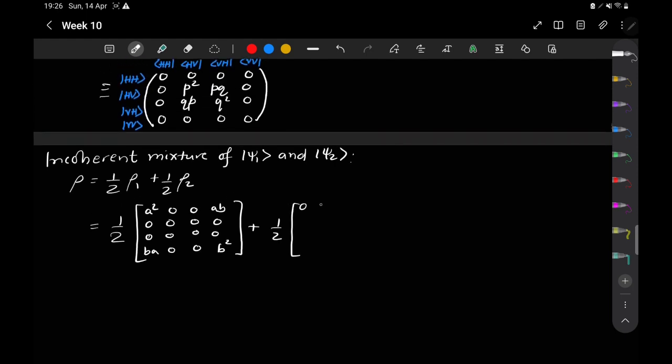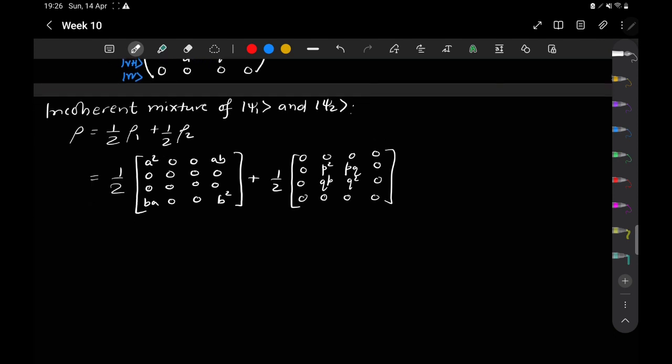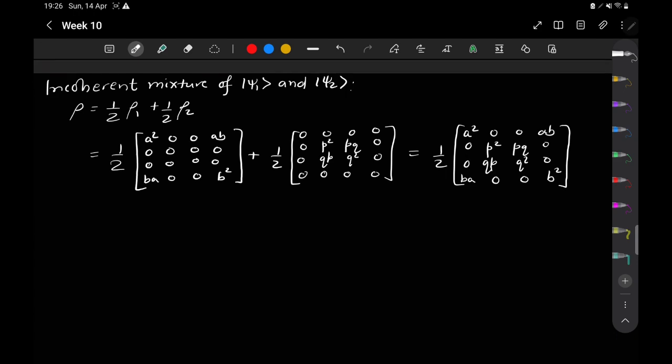Rho 2 we just now found. So this is, half is taken common. So this is the density matrix.